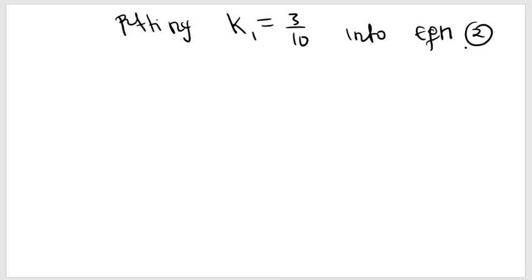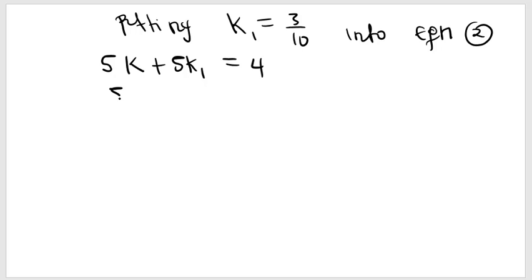So putting k1 being equal to 3 over 10 into equation 2. It means that wherever you see k1 in equation 2, substitute the value 3 over 10. And don't forget that equation 2 was 5k plus 5k1 is equal to 4.